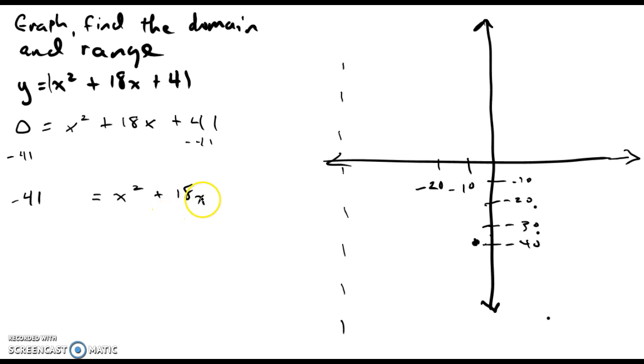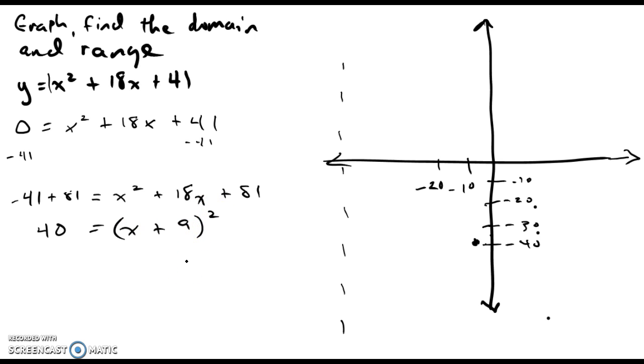Now, what we do to complete the square is we take the coefficient of the linear term, divide it by 2, and then square it to create a perfect square. So we really have 81. And we're going to add that 81 to both sides. There's a video in Google Classroom about this as well, so if you're a little rusty at this, you can watch the video. Okay, we just completed the square.